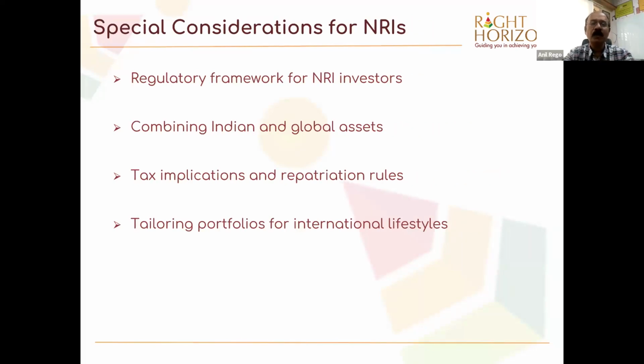asset allocation. And for NRIs, yes, like I did say, goals are something that you look at. For NRIs, again, you need to look at it because you may want to have assets globally, right? So it's not like in India, where it's diversification, but there it may be money required for your needs locally.